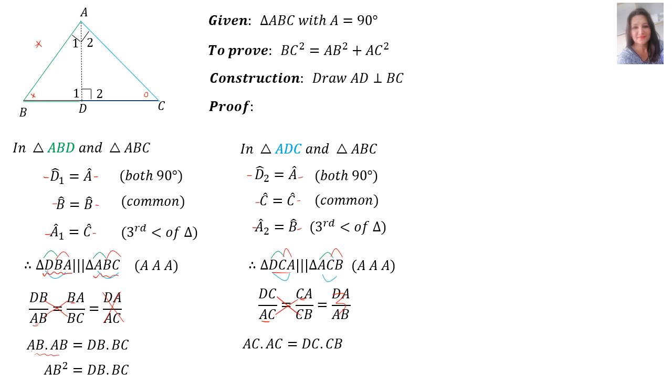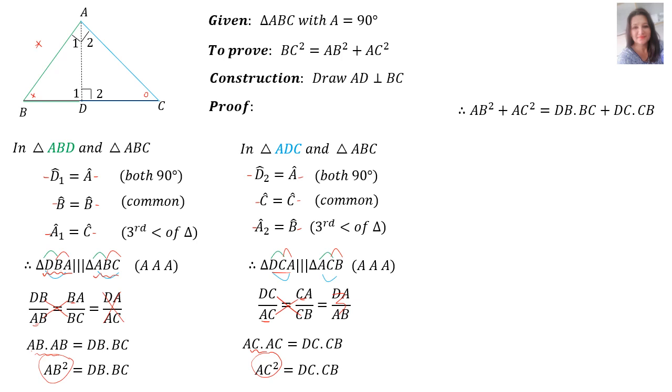AC times AC is the same as AC squared is equal to DC times CB. Then in the next step, what we will do is we will take the left hand side, there was AB squared, and the left hand side, there was AC squared, and we're going to add them.